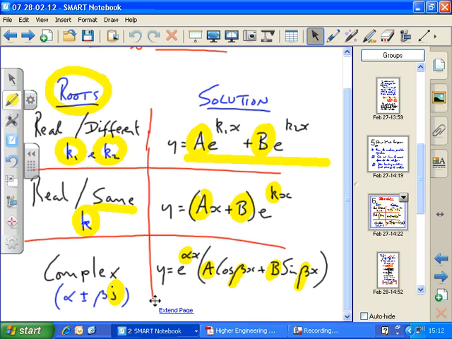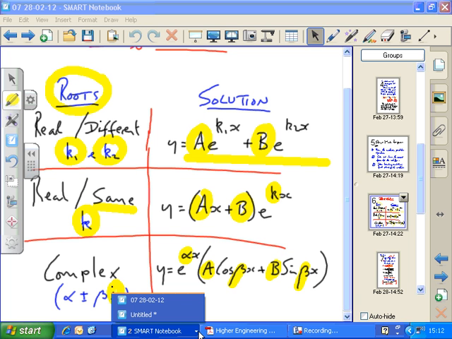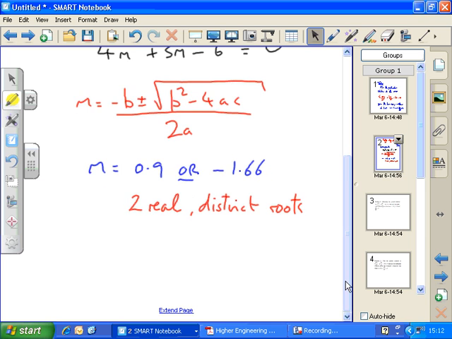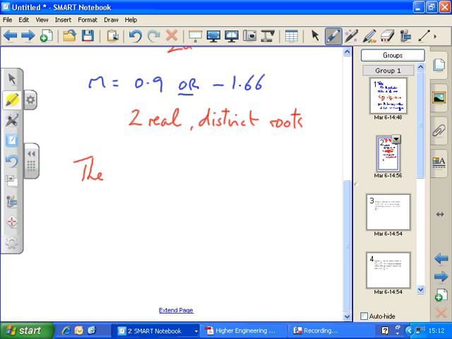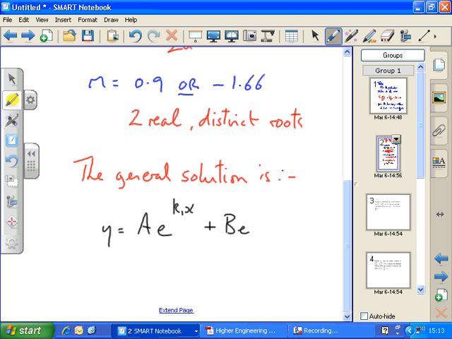So the solution is of this form: y equals a e to the k1x plus b e to the k2x. So the general solution is y equals a e to the k1x plus b e to the k2x, where k1 and k2 are our two answers, 0.9 and minus 1.66.